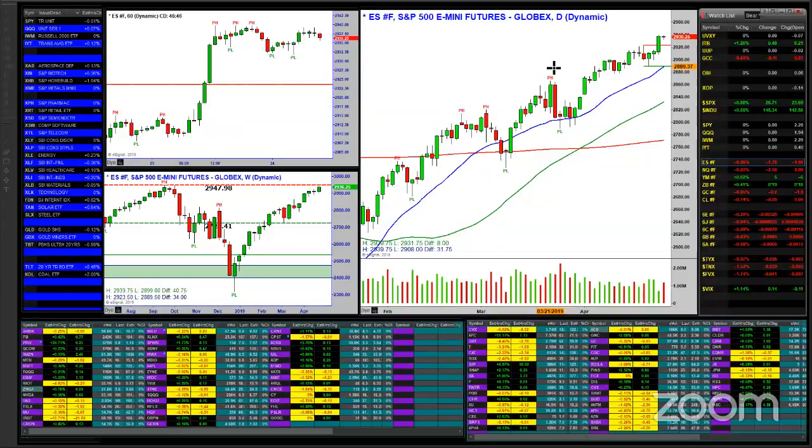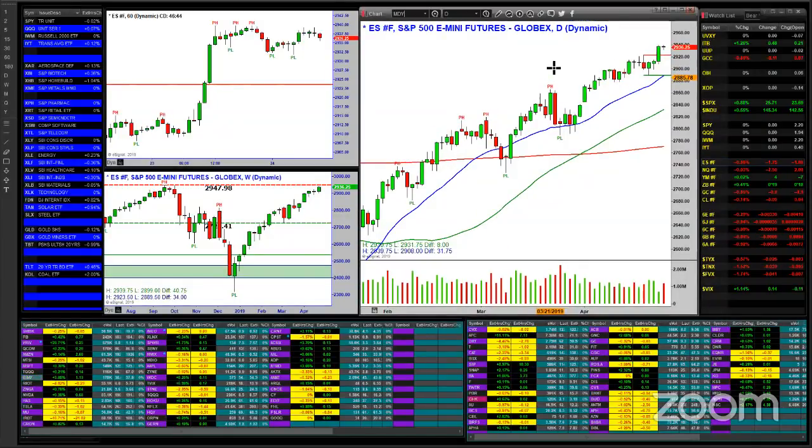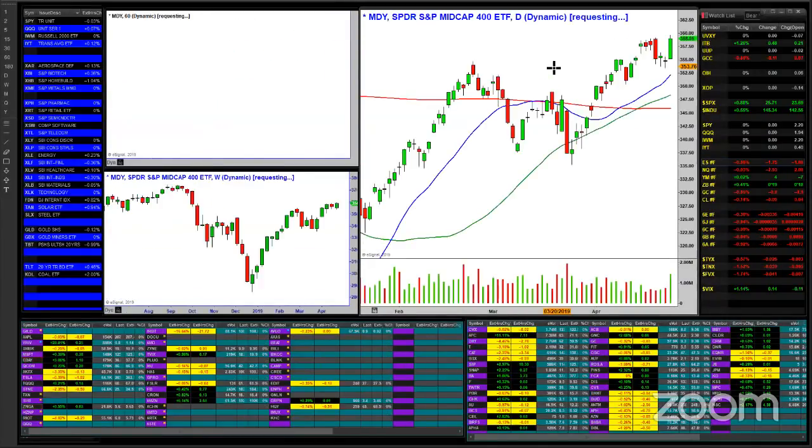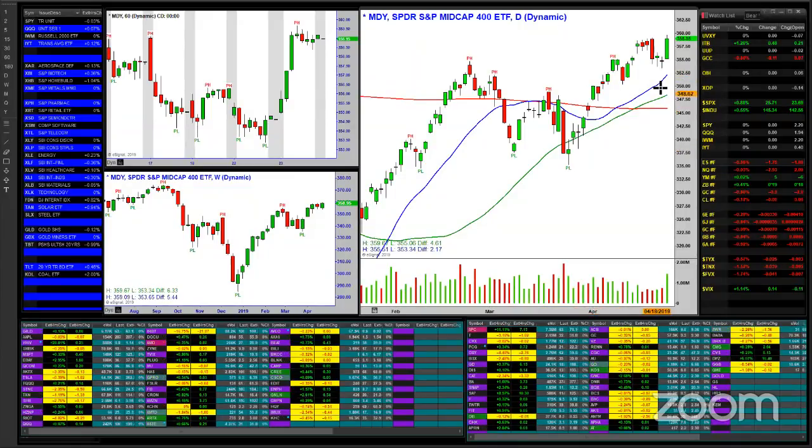MDY, the mid caps, we don't look at that as much, but kind of moves like the Russell. Well, actually outperforming quite a bit. But again, you've got this big wide range bar. So message the same. And in the room, we can break this down, meaning we can look inside of this and see what's actually moving.